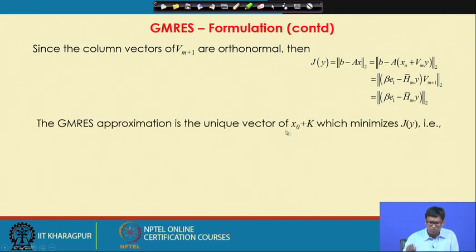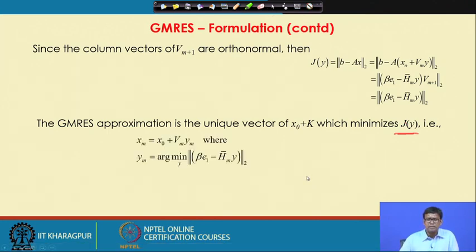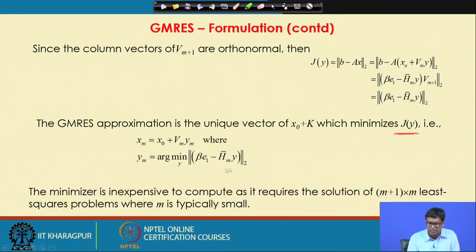Now, the GMRES approximation is finding the unique vector in x0 plus Km which will minimize J(y). That is, xm will be x0 plus Vm ym, where ym is the value of y for which the norm of beta E1 minus Hm bar y is minimal.